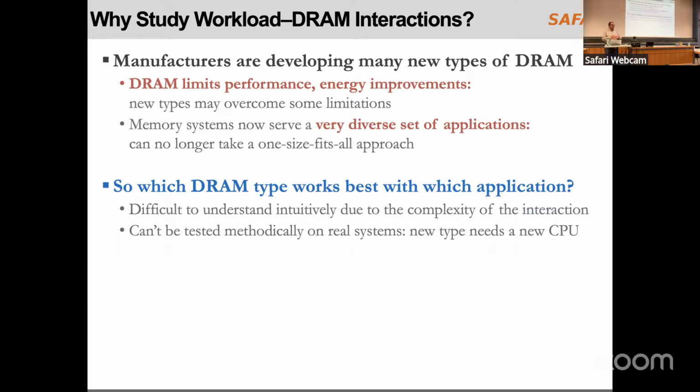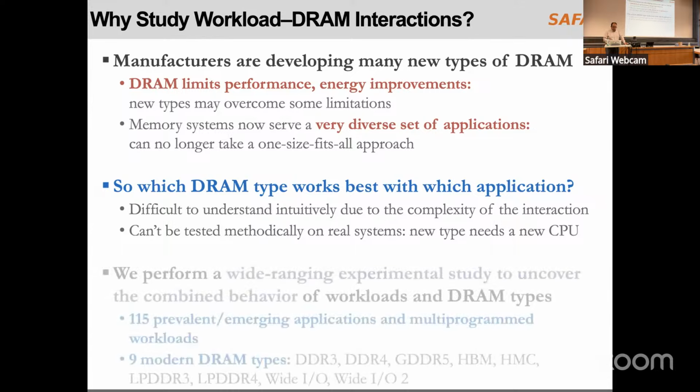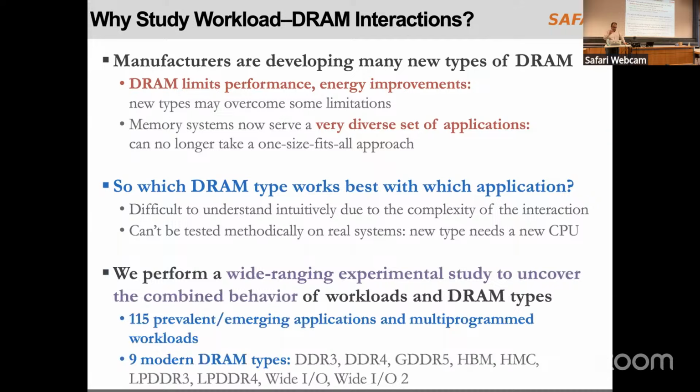And once you change the processor and the system and have another main board, a lot of parameters are changing, and then you cannot really understand your results well. So this kind of analysis is very much enabled by using simulations, and that's why we use our Ramulator tool to do this wide range analysis.